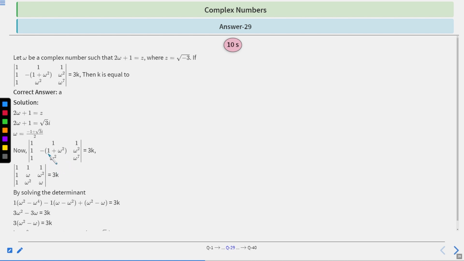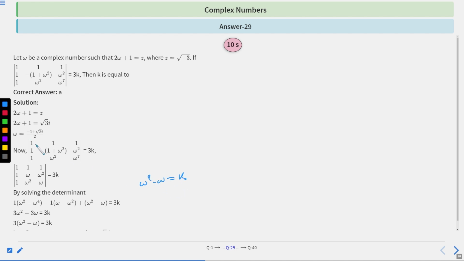So the determinant of this term is basically 3 times. After solving this determinant, we will get 3 times omega square minus omega is equal to 3k. So we are getting omega square minus omega is equal to k.